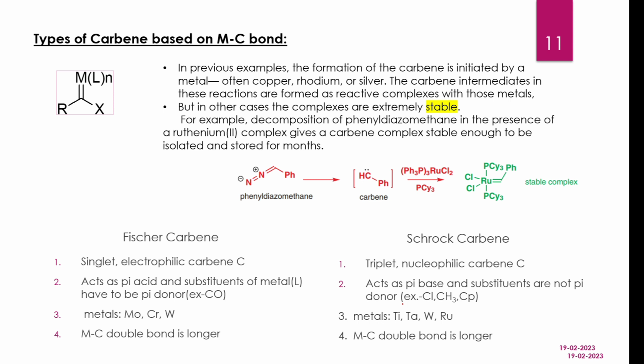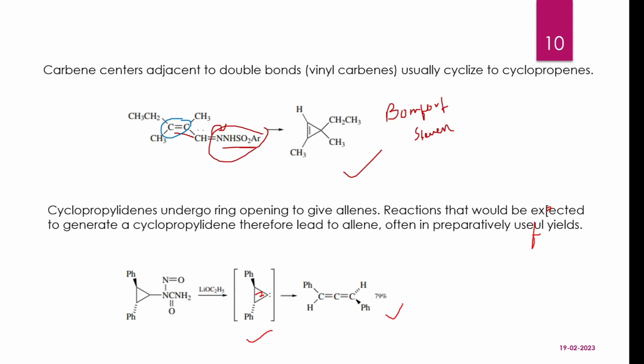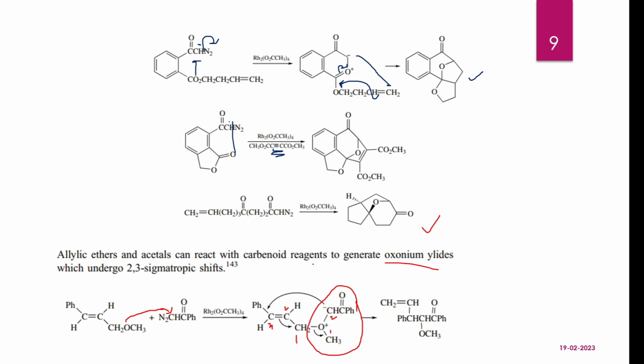These metal carbene intermediates are very reactive. After carbene generation it will react so fast that we can't isolate this metal carbene intermediate.